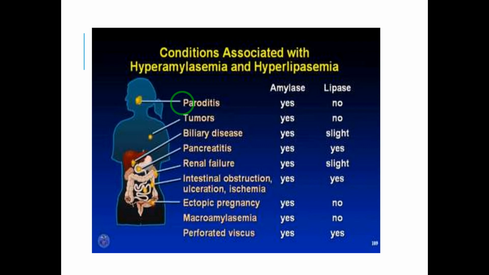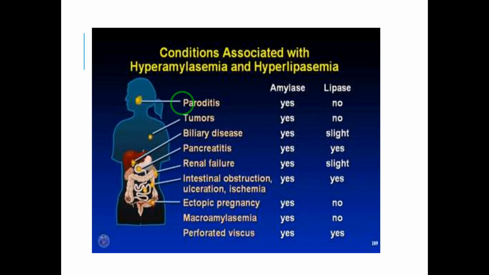When we measure its concentration in the circulation, it will be high. Because amylase is found in high concentration mainly in the pancreas and the salivary gland, inflammation of the salivary gland will lead to an increase in the level of amylase. This inflammation is called parotitis.